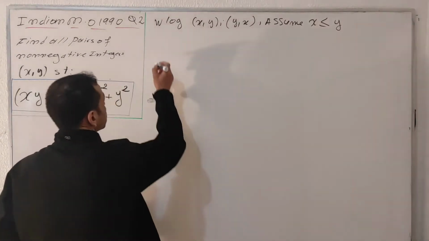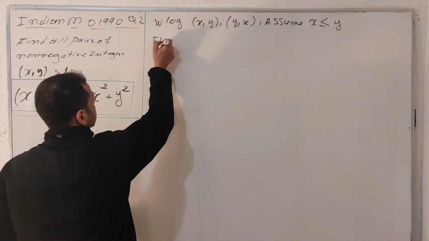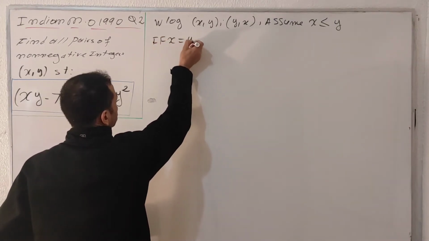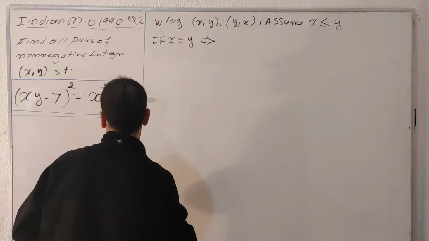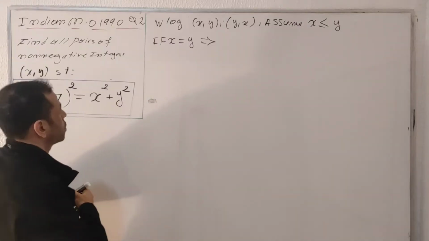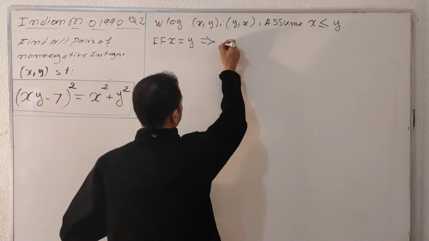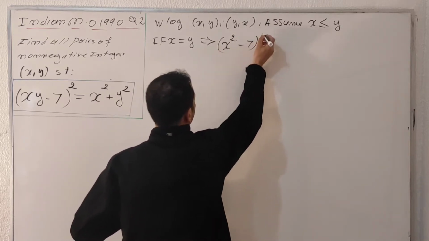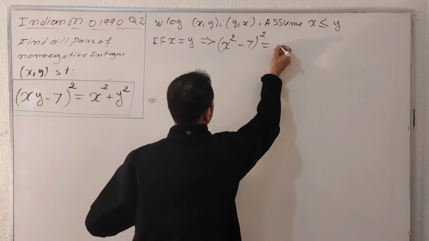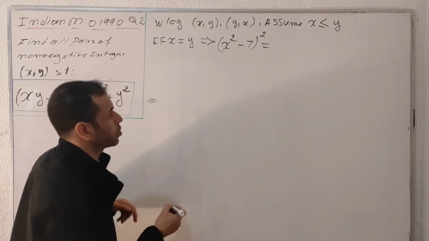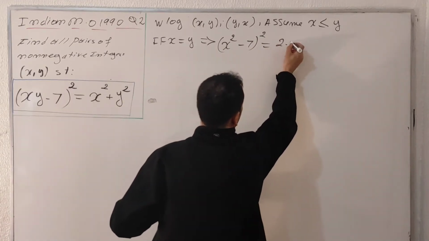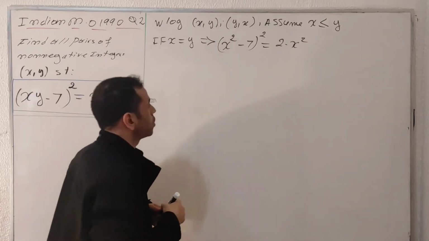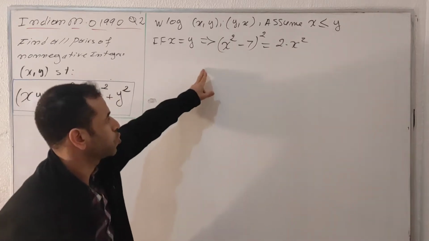So if x equals y, I'm going to replace y with x here. My original equation becomes (x^2 - 7)^2 equals x^2 + x^2, which is giving us 2 times x^2. So I'm going to apply the square root on both sides.